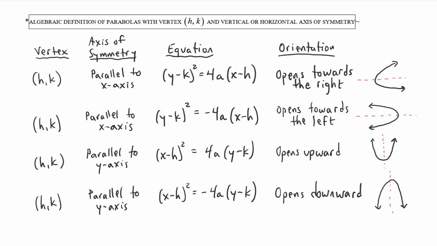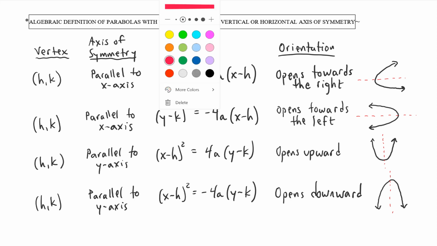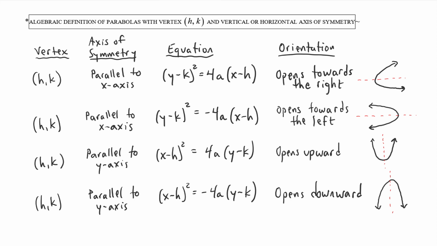They correspond to four different types of parabolas: ones that open to the right, ones that open towards the left, ones that open upward, and ones that open downward. Those are the four types that we need to be familiar with.